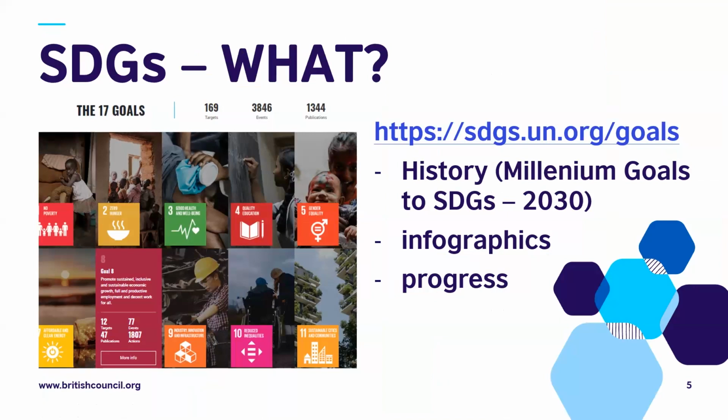And the next point will be the what. And here I'll try to cover the history of the Sustainable Development Goals of 2030, infographics and progress. So to start with, let me just start from the very beginning of the Millennium Development Goals.